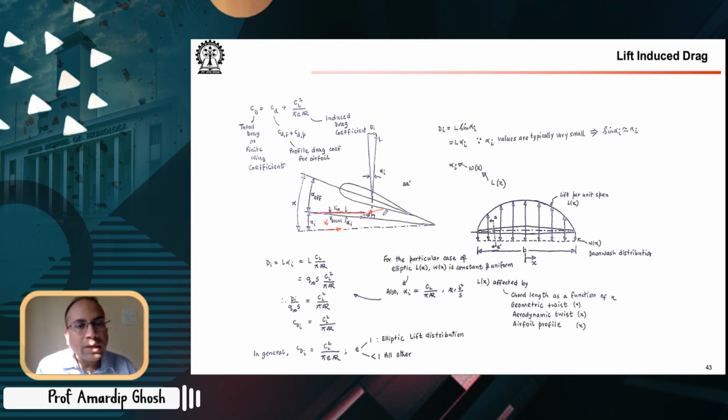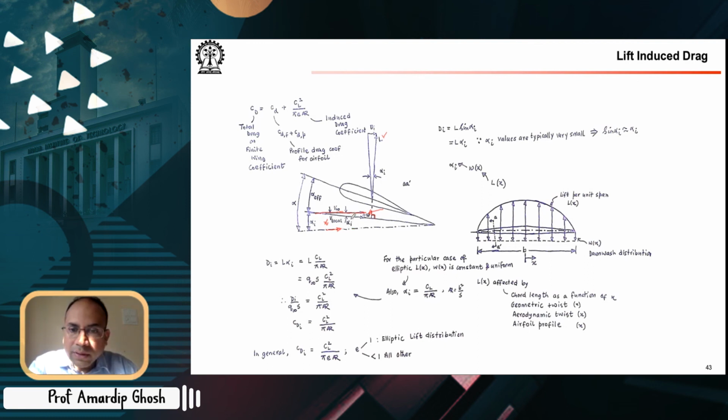So a local relative wind is created, and now you see that your lift, if you remember, is at a right angle, normal to the local relative wind. The local relative wind is tilted by an angle alpha I, called the induced angle.